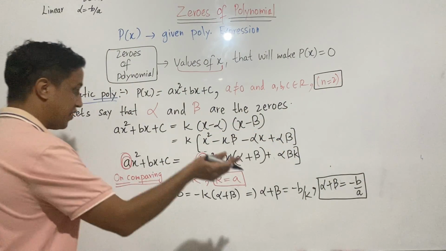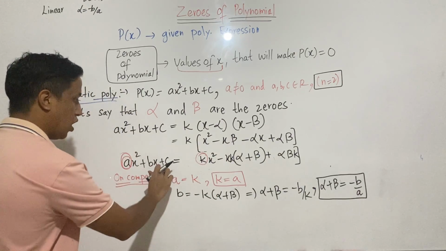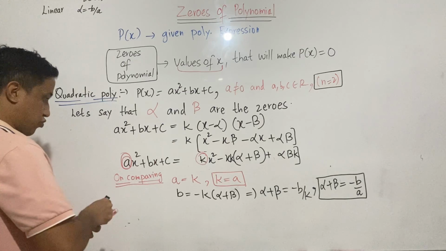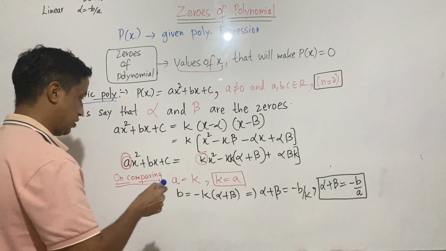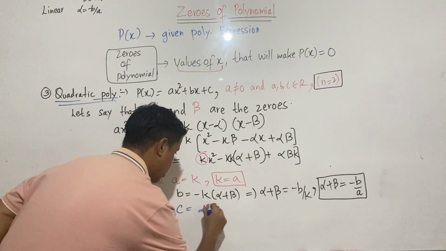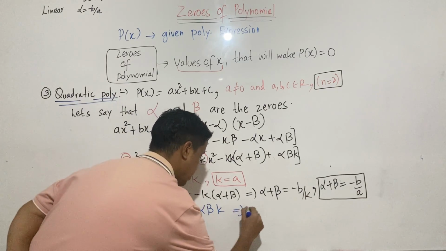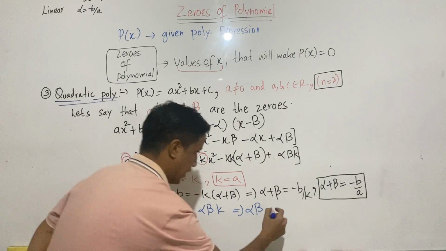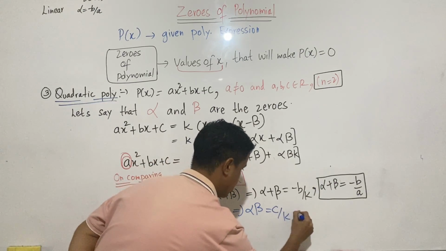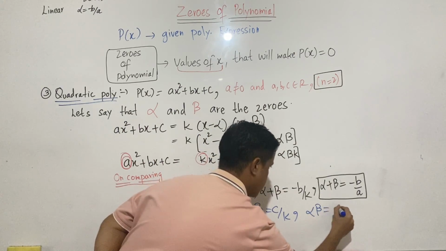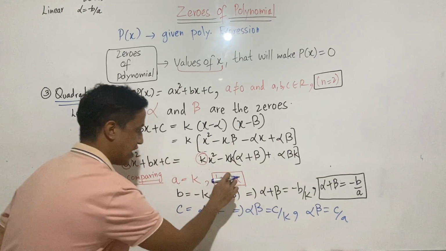All right, then compare the last one. So c would be alpha beta k. So can I say alpha beta would be c by k, which is alpha beta is c by a, because k is a.